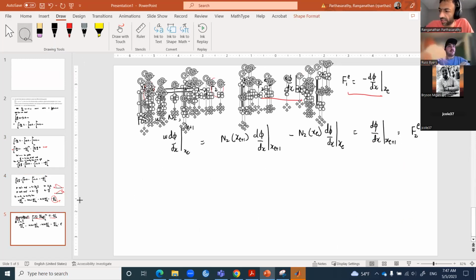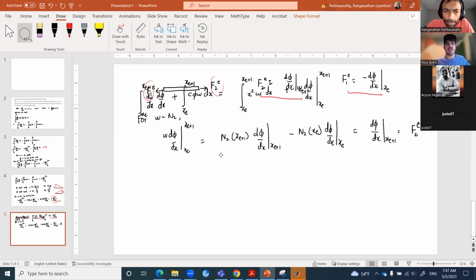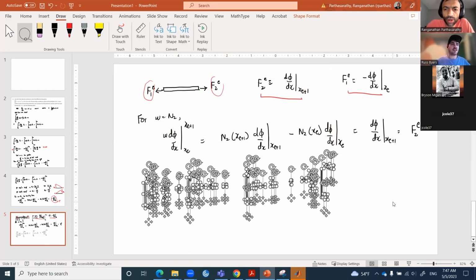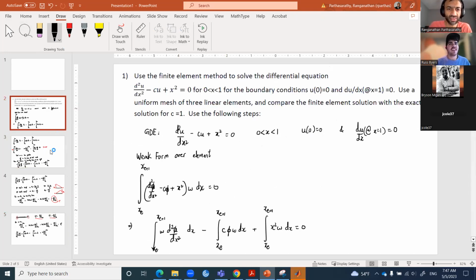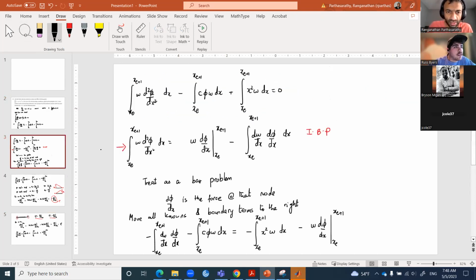What does the symbol phi stand for? Phi is the approximate solution. I'm sorry, I should put phi^e. Yes, you can put superscript e. That is correct.